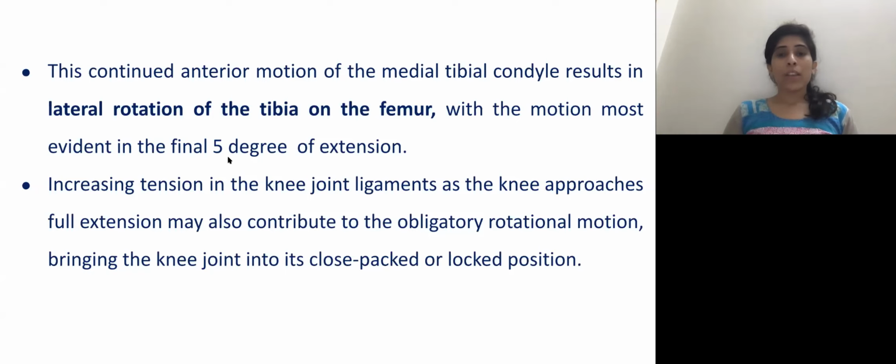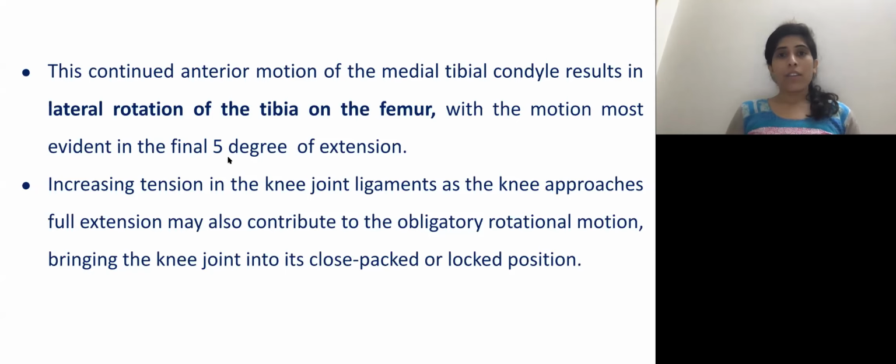Again, I'll repeat. As we all know, the lateral condyle will finish its gliding and rolling motion first. But still the medial condyle is going for rolling and sliding motion. So to complete this rolling and sliding motion and to reach the last 5 degrees of motion, we require the lateral rotation of the tibia, which helps to lock the knee in the extended position.